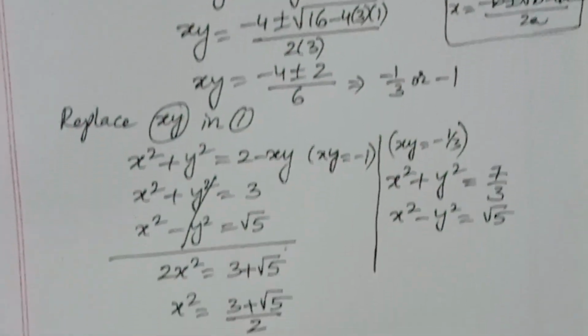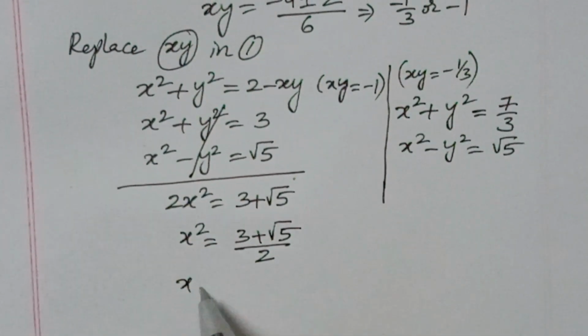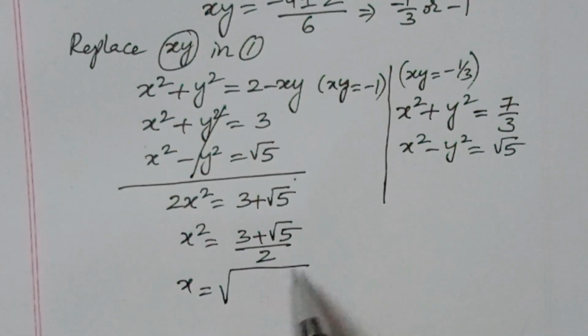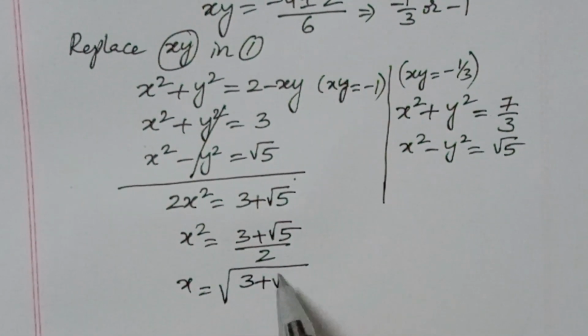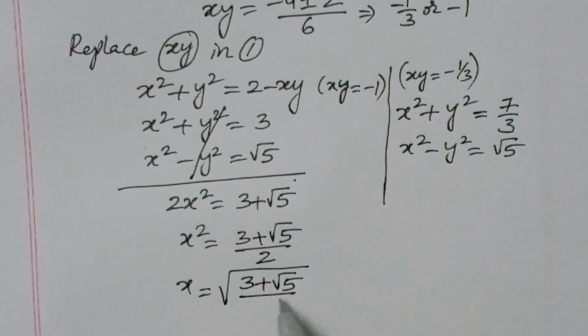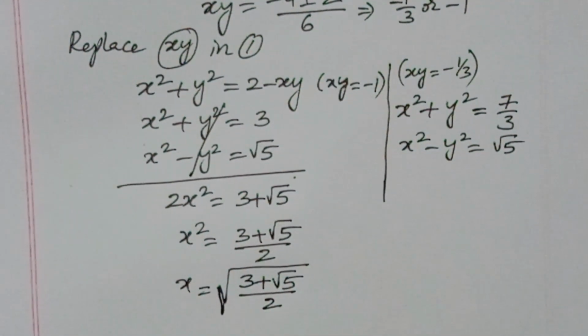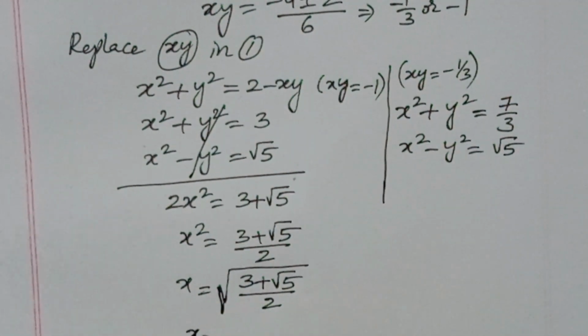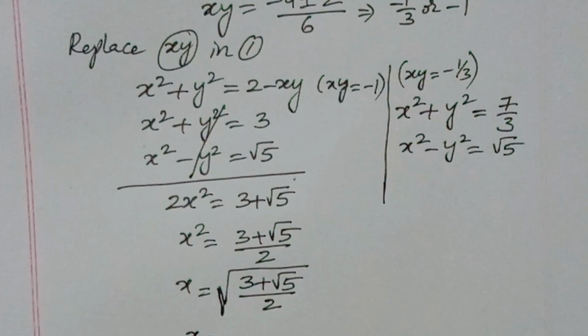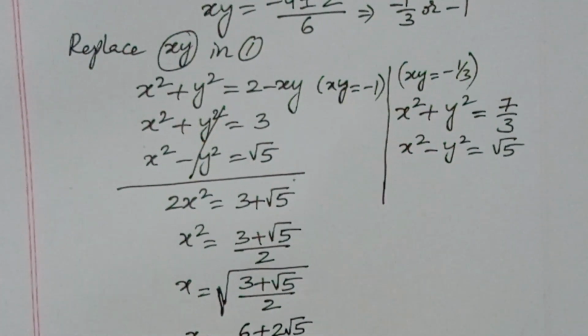x is equal to root of (3 plus root 5) by 2. So here this can be written as, if you multiply numerator and denominator with 2, (6 plus 2 root 5) by 4 you will get.